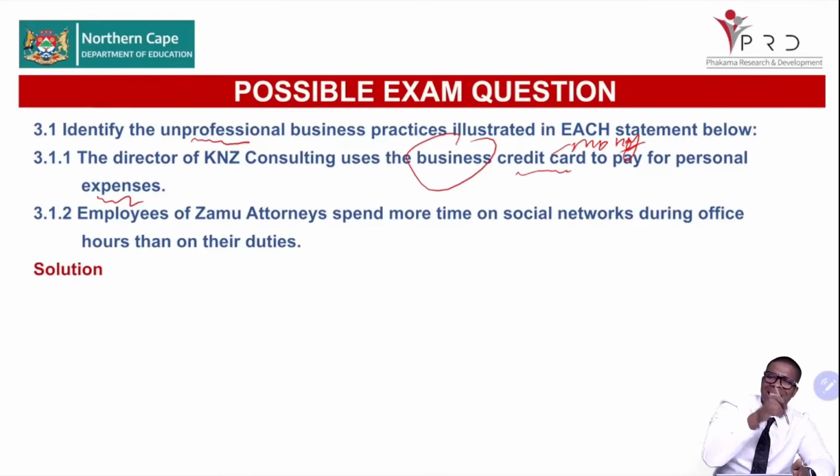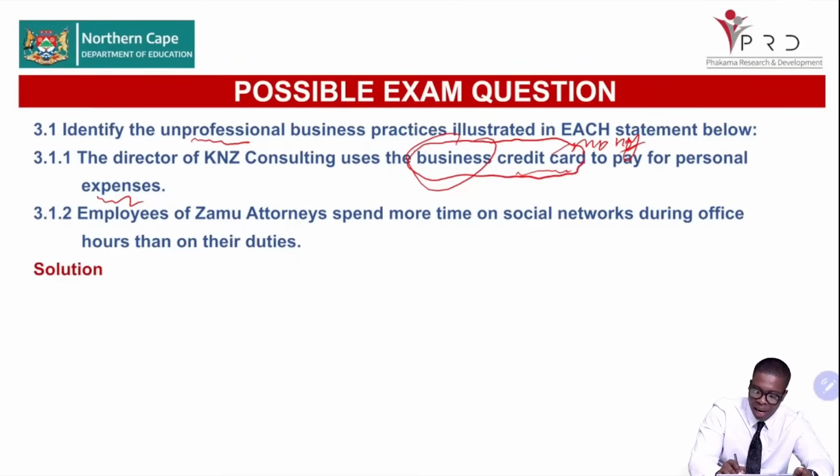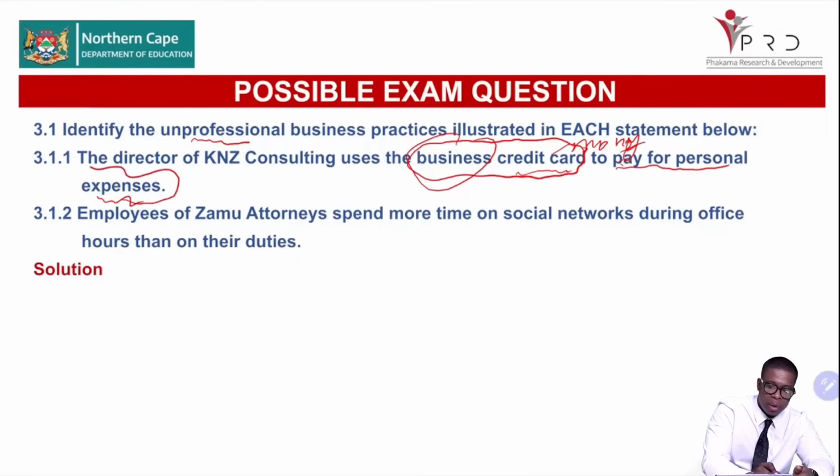But there is a type of unprofessional practice that we are talking about here, and it is called unauthorized use of workplace funds and resources. This business credit card is supposed to buy anything that belongs to the business, not to pay personal expenses, because the personal expenses have to be paid by the director using the salary of the director, not the business credit card.